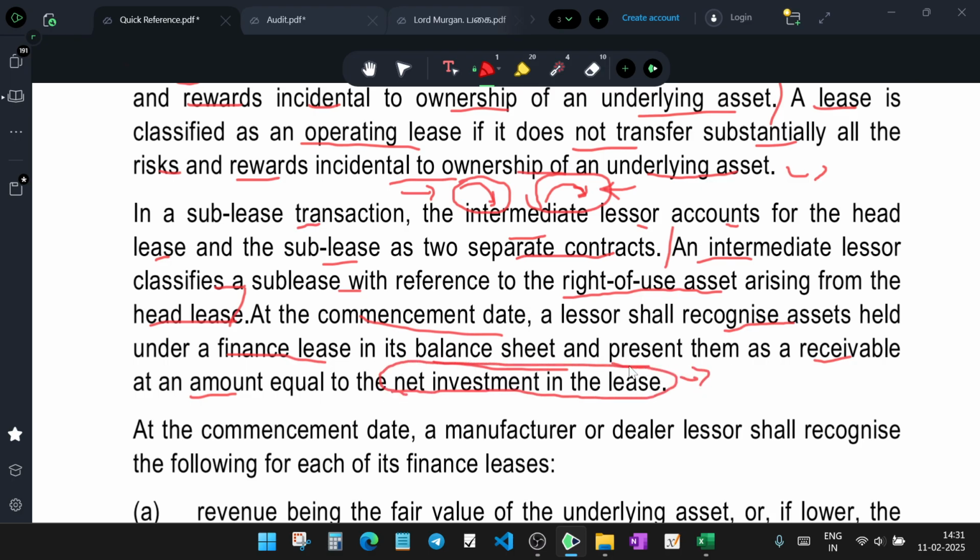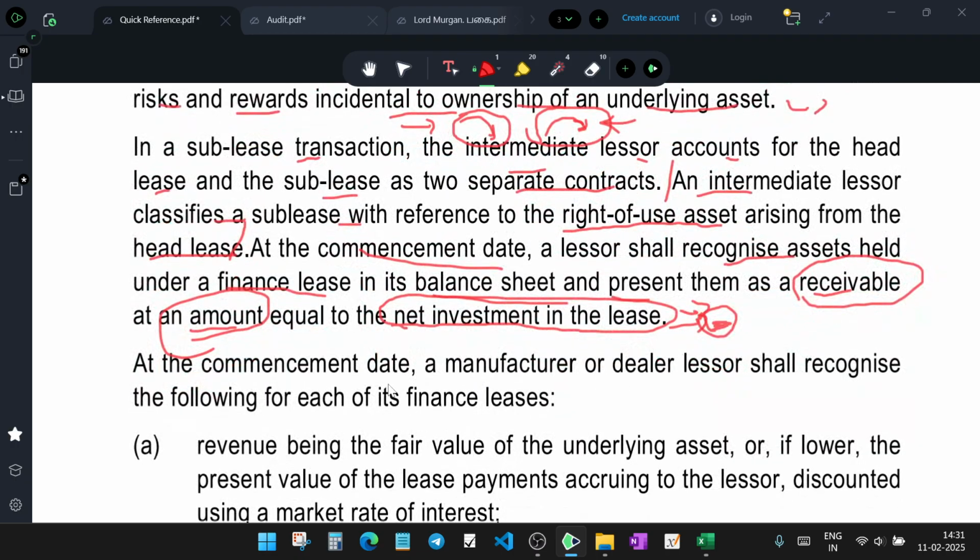So in the case where I'm giving a financial lease, what is there to do? This amount is receivable from this party, and I should consider what is the amount receivable, the net investment. What is the amount that should be shown in the receivable column? Two things: I bought an asset, which is an investment because I sold it on lease, and at the same time I have a receivable.